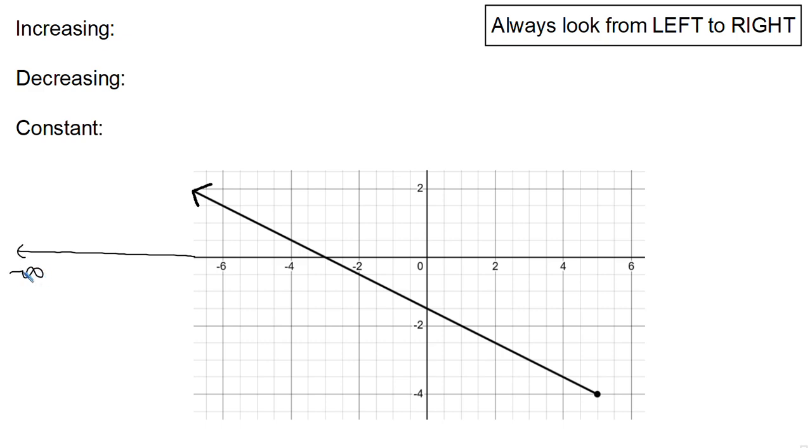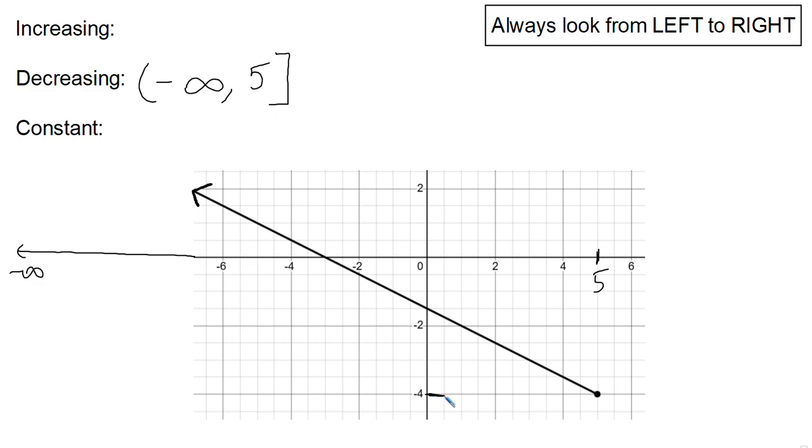Negative infinity. So this is decreasing from negative infinity until I hit this endpoint over here, which is at x equals 5. Right there at that endpoint, we stop decreasing. So we'll say it's decreasing from negative infinity to an x value of 5 with a bracket.